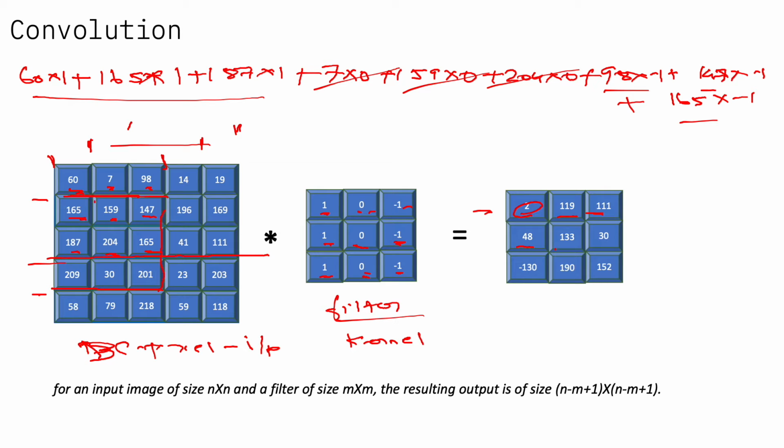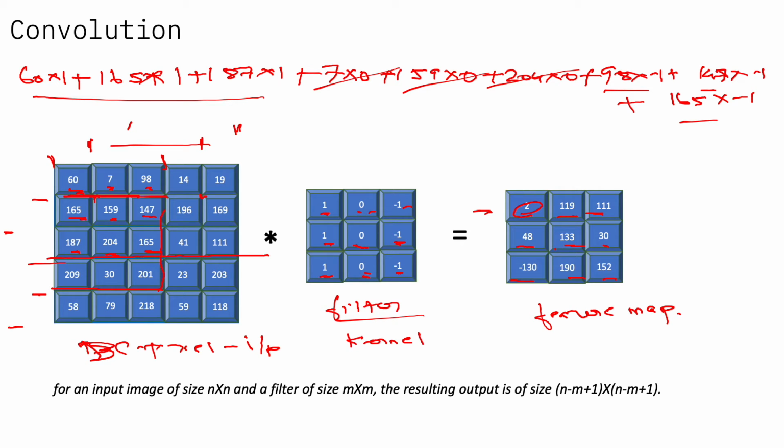Next you move on to the next column, populate 133 and 30, and then you get the idea. Now we would roll down to another row and keep populating the final rows over here. That's how this output over here is called the feature map.